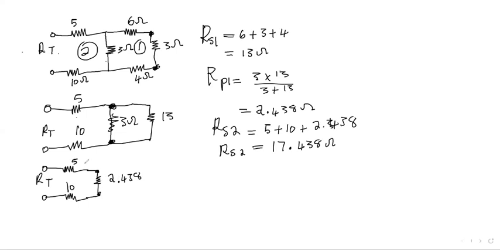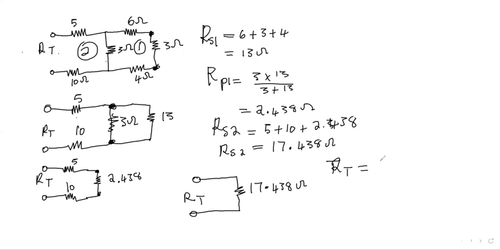Therefore, I will replace all the resistors with only one resistor. Then my final circuit is going to look like this. That will be my RT there, and then the resistor is 17.438. Therefore, what is my R total?